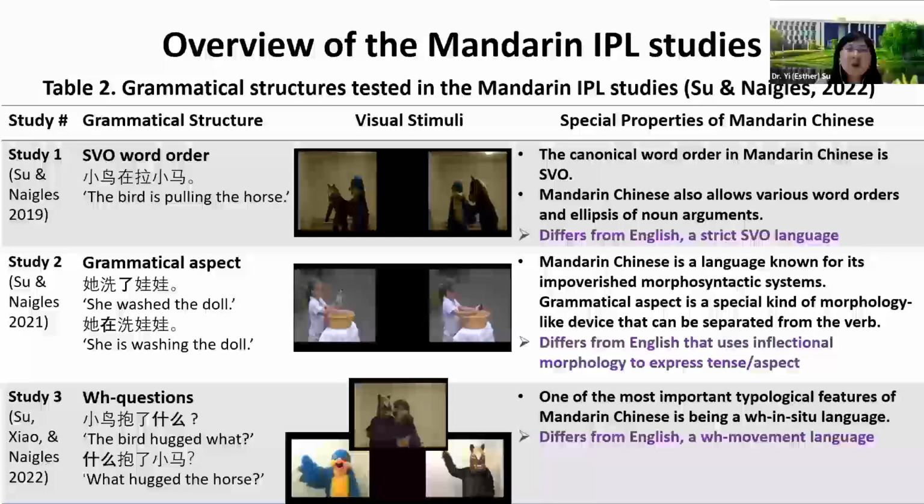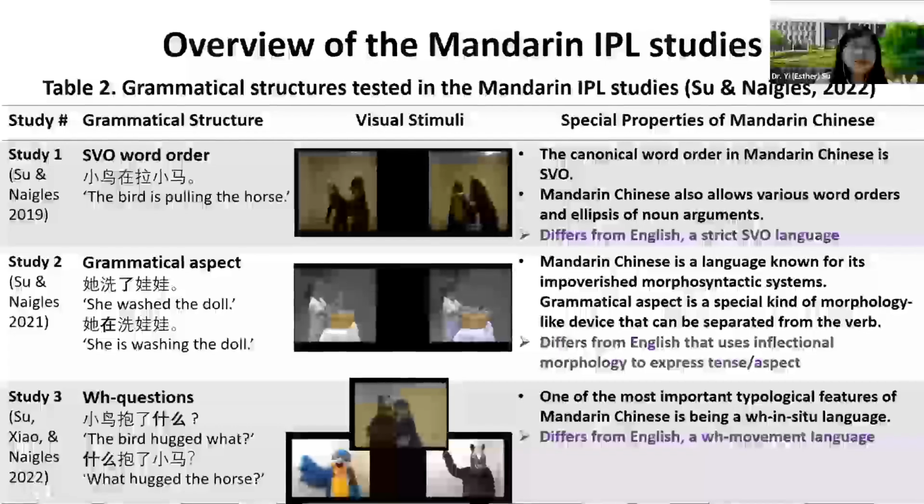So although we have very similar grammatical structures as in previous English studies, Mandarin Chinese also has special properties, and we can examine the differences between these two languages to see whether the differences will impact language development of children with ASD.